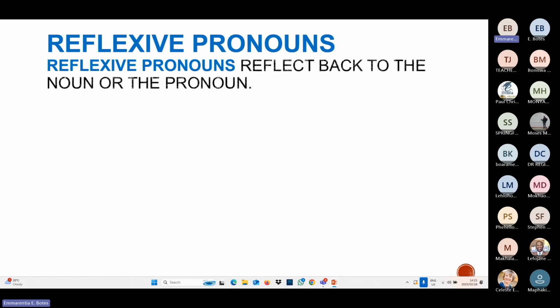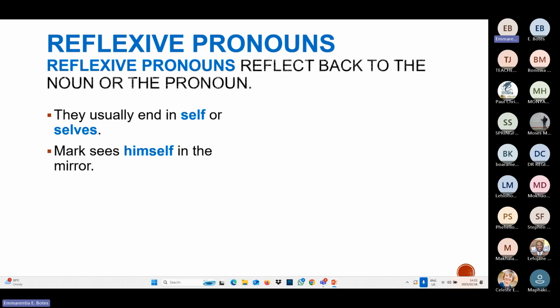And we look at our third one, reflexive pronouns. Reflexive pronouns reflect back to the noun or the pronoun. They usually end in self or selves. When they end in self, it is singular, and selves is plural. Mark sees himself in the mirror.